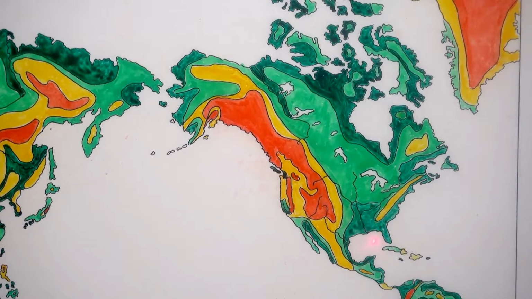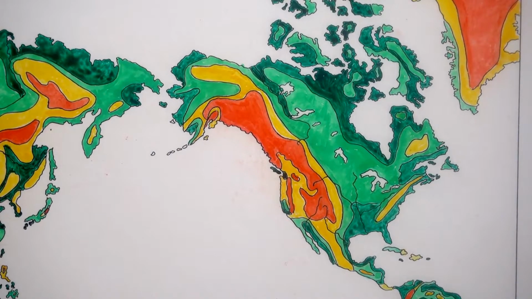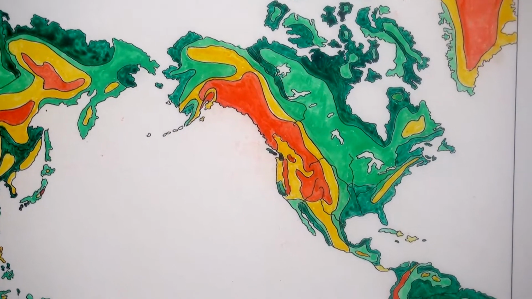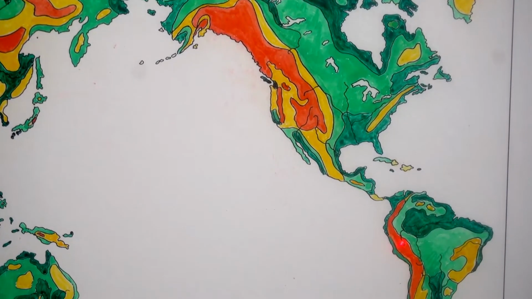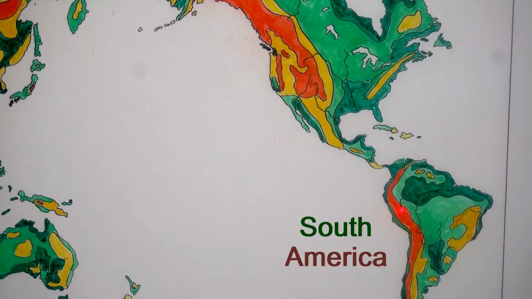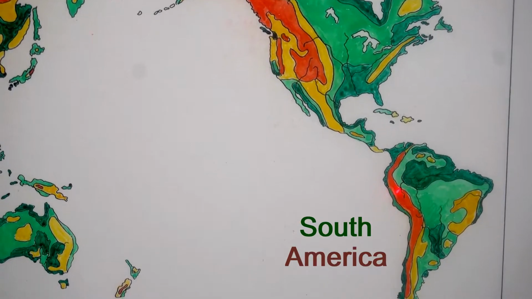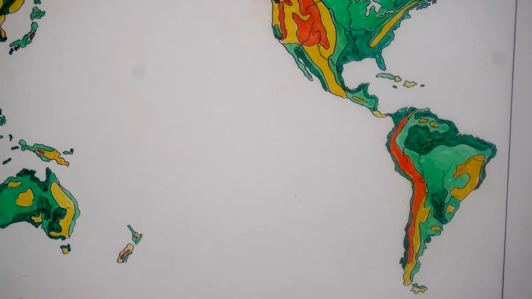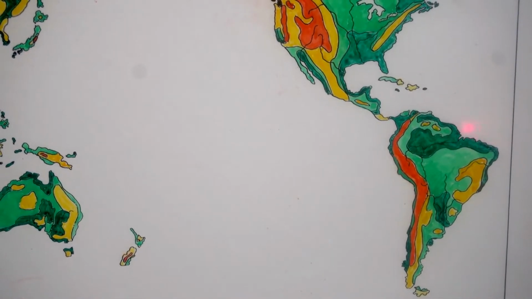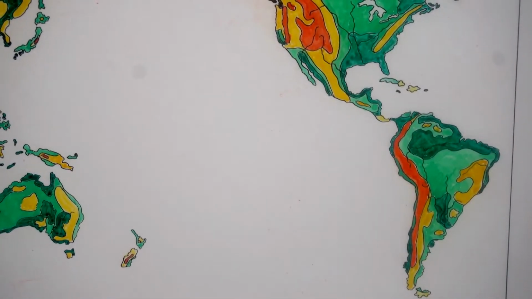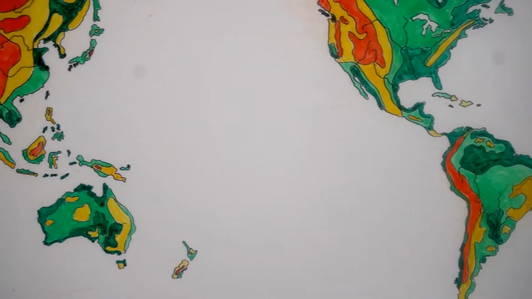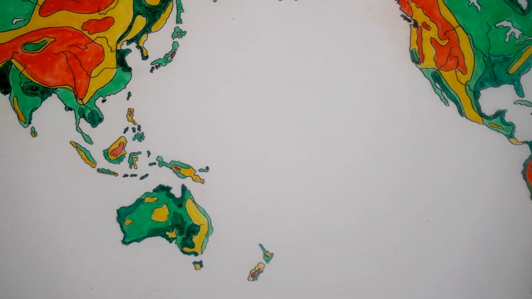It empties in the ocean here. Let's look at this one in South America. We have highland here. Rivers go from this highland to medium lowland, lowland, all the way empties here to this ocean.